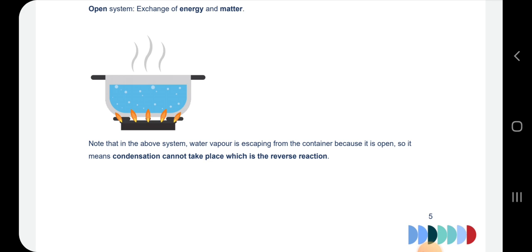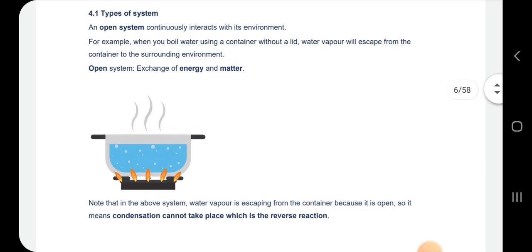So here in the open system, a forward reaction happens. When that pot that is boiling is interacting with the environment, a product will be formed. So we have an open system, which is an exothermic reaction, right?